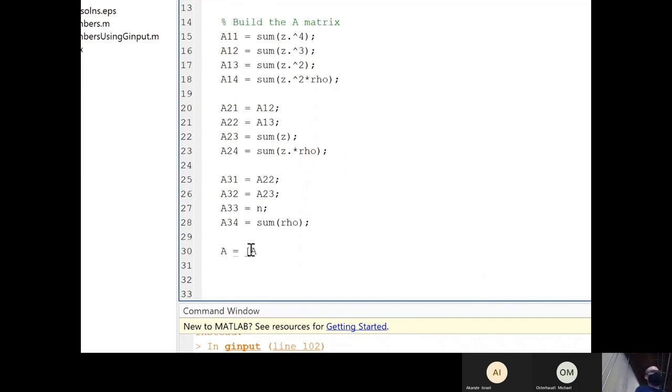Okay. Try to build the A matrix. I like to do spaces. So this would be A11, A12, then A13, A14, and then semicolon to the next row. I like to put the three dots and line up my next one.